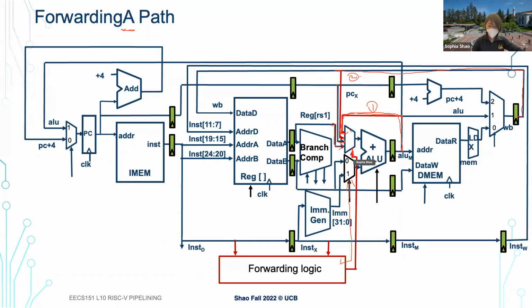Again, we need a control signal to select the right scenario. If the instructions are one apart, I forward from ALU to ALU directly. If they are two apart, we need to do write-back to ALU forwarding, but this requires control logic.